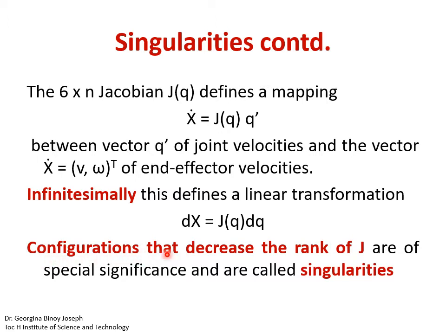The configurations that decrease the rank of J are of special significance, and these are called singularities. So when the joint variables q are such that J of q has a low rank, such configurations are called singularities.